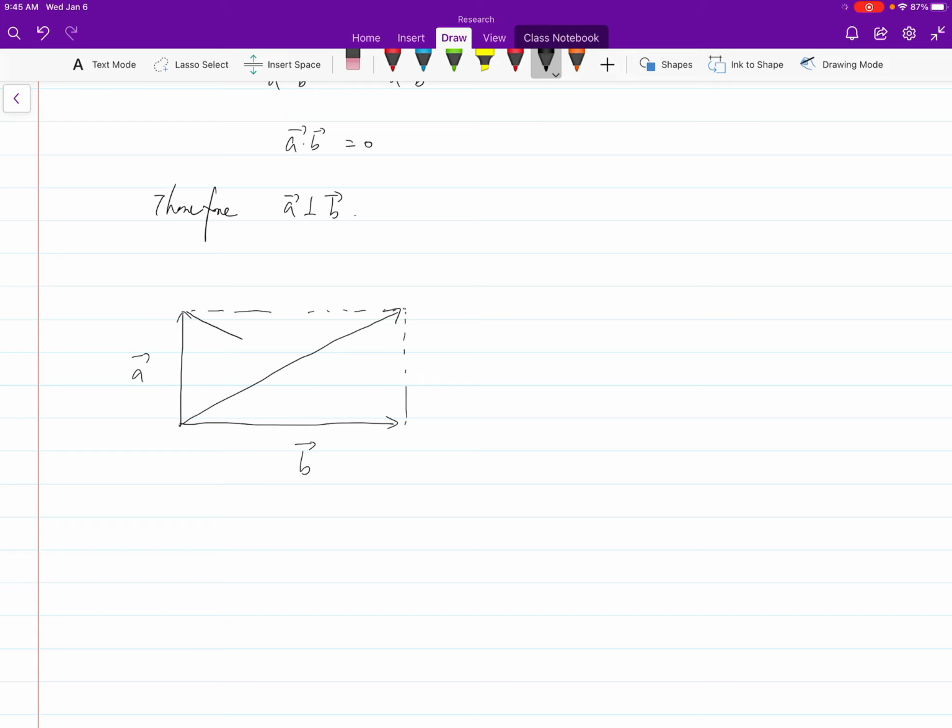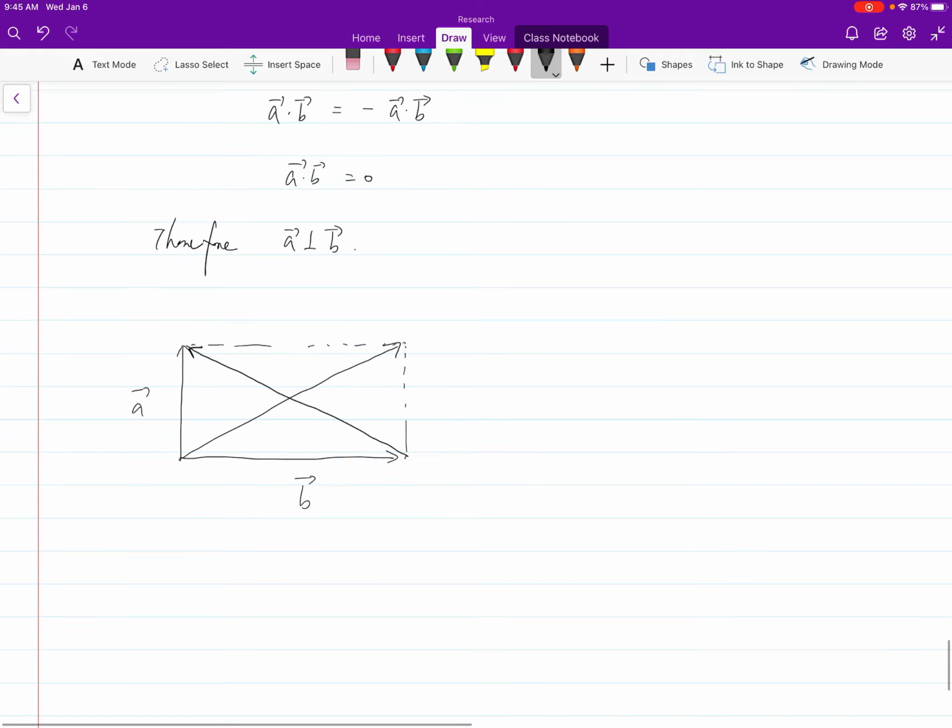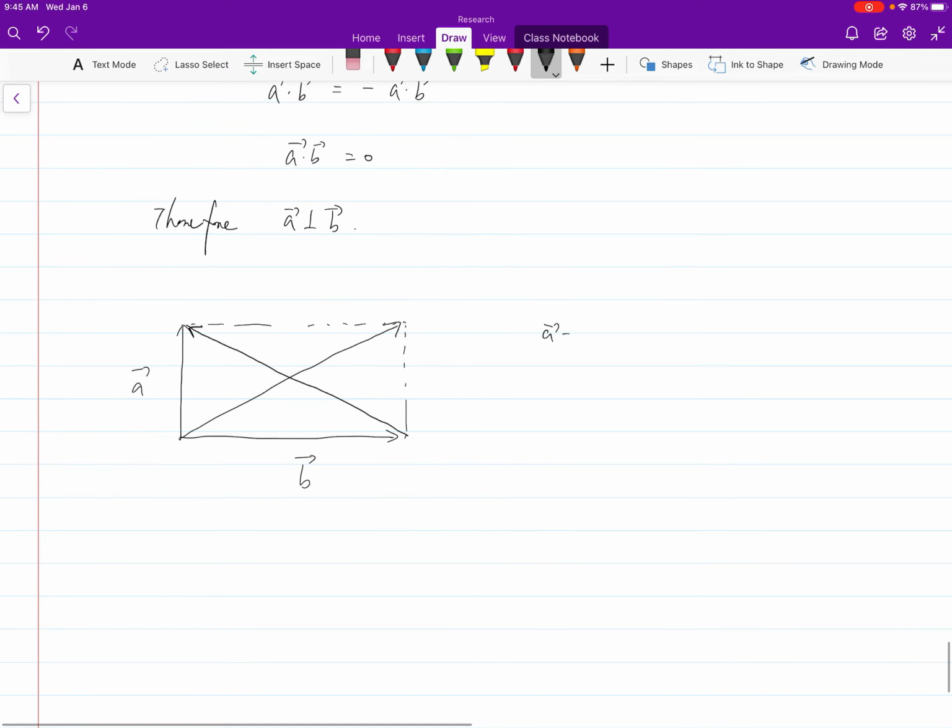What is A minus B? A minus B is the other diagonal of the parallelogram. What do you mean by A plus B equals A minus B? That means you have a parallelogram which has two diagonals, and these two diagonals have equal length.